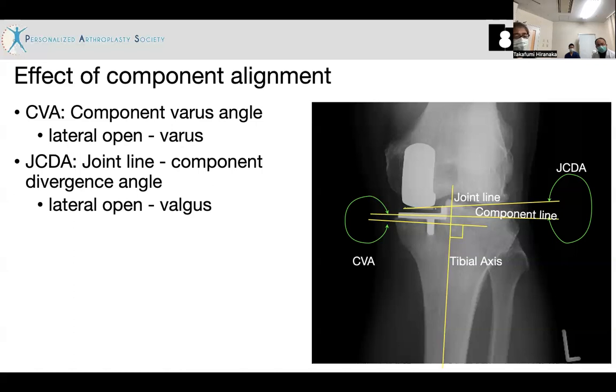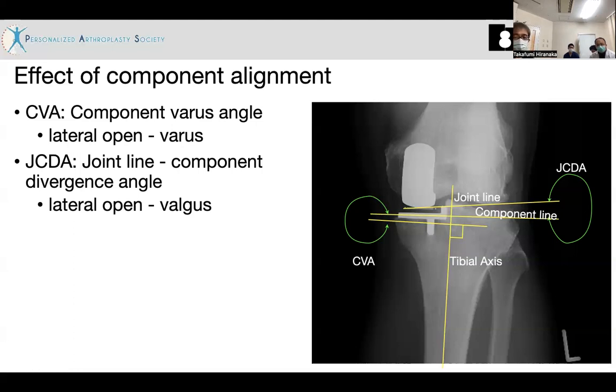One reason is load distribution. If the placement is not parallel to the joint line, I think uneven, imbalanced joint load distribution can occur, which can cause some trouble on the medial side or lateral side.